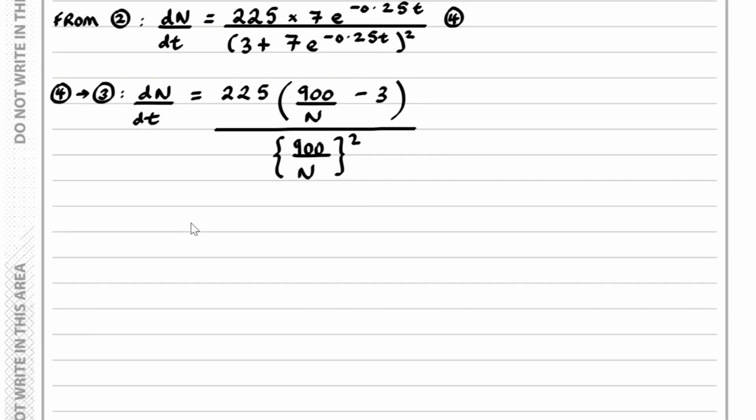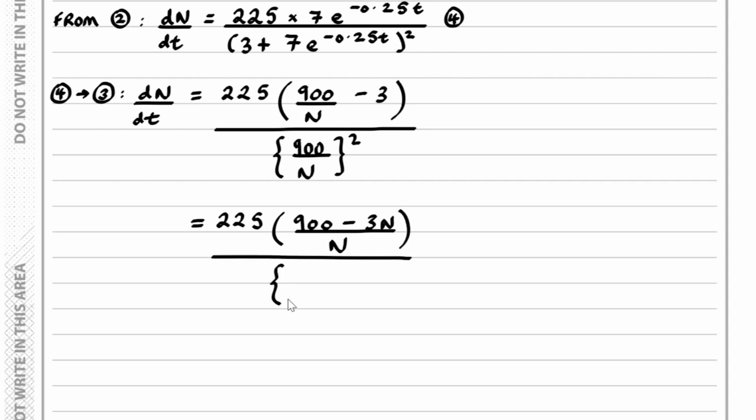So I have 225, and then here 900 over n subtract 3, that's going to be the same as 900 subtract 3n over n. And on the bottom I have 900 squared over n squared.